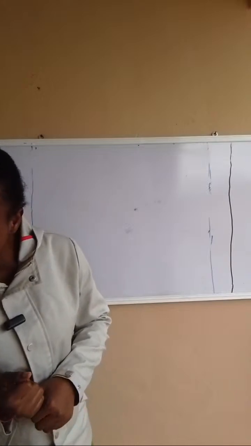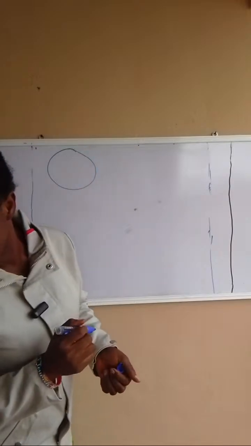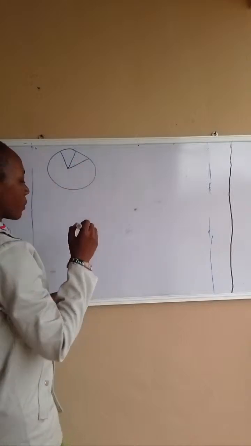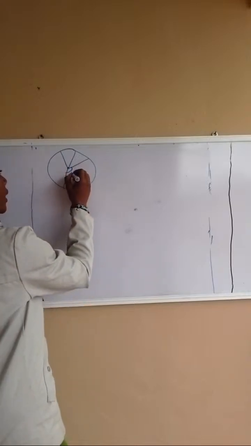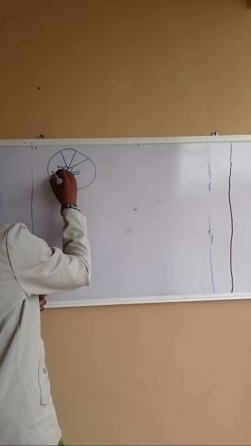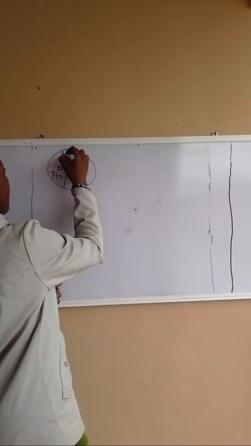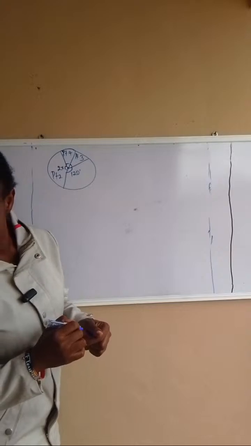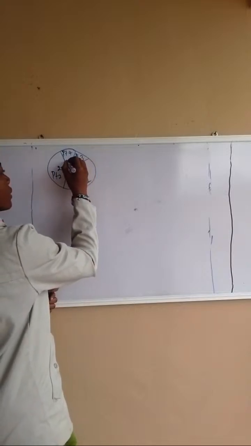So we have a pie chart, with a center divided into 4 parts. Part 1 is 120 degrees, part 2 is 2x, part 3 and part 4 are x degrees each.